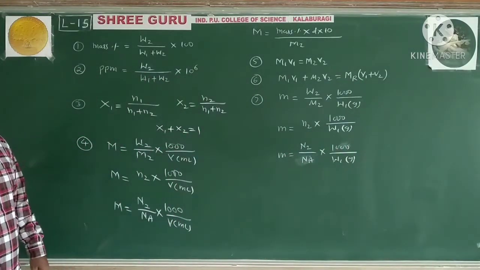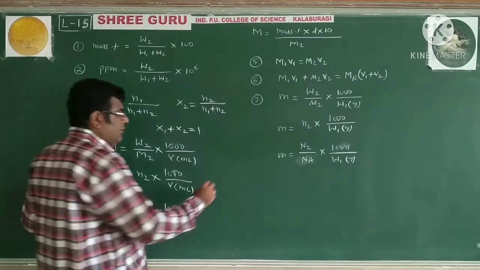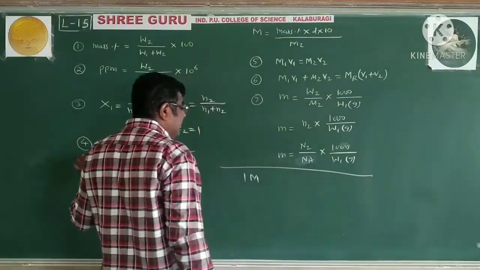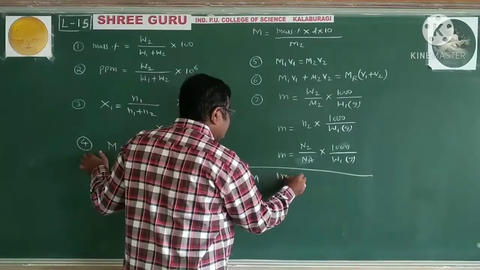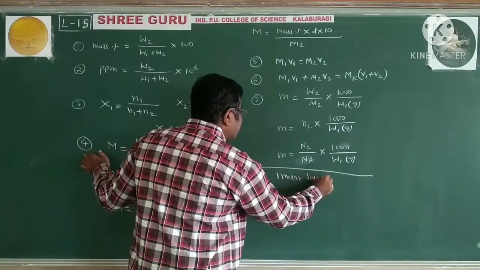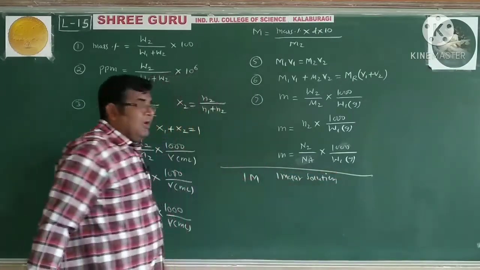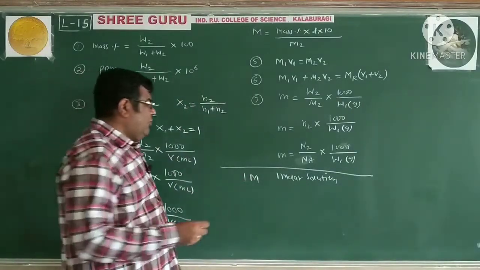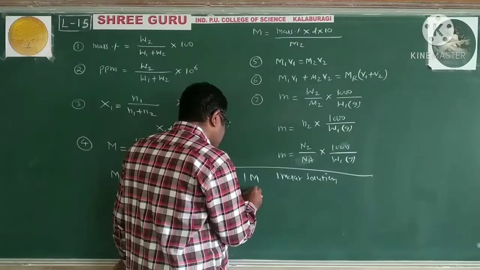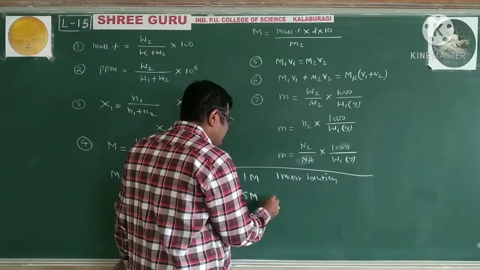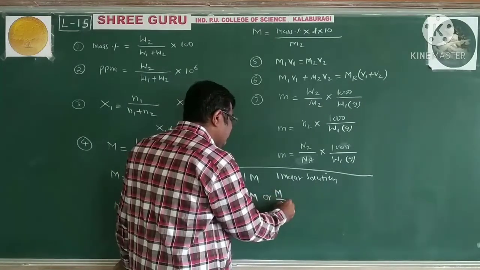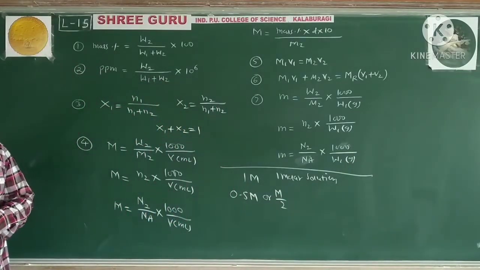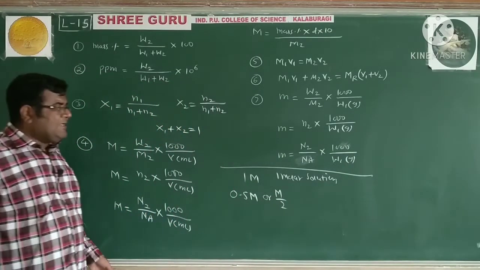The one capital M means we can call it a 1 molar solution, and 0.5 molar, also written as M by 2, is called a semi-molar solution.